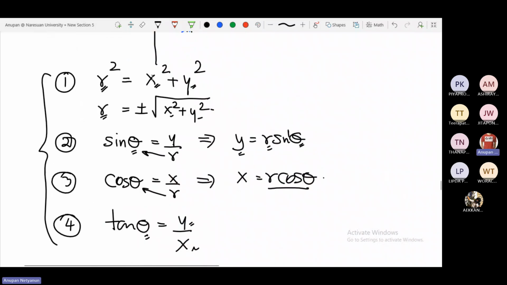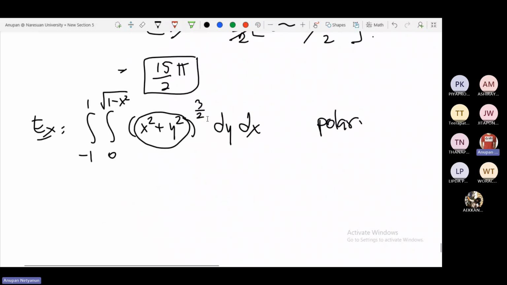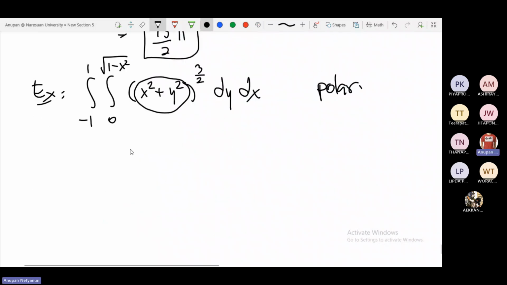Your x squared plus y squared is r squared, right? So it's more simple now. Okay, so that is -1 to 1, 0 to square root of 1 minus x squared. This is your r squared.